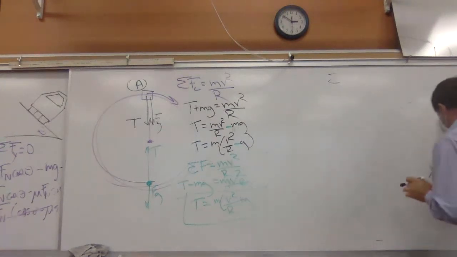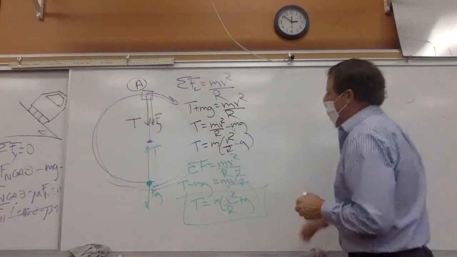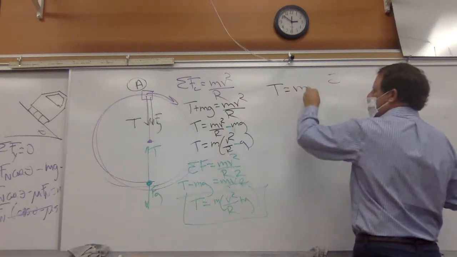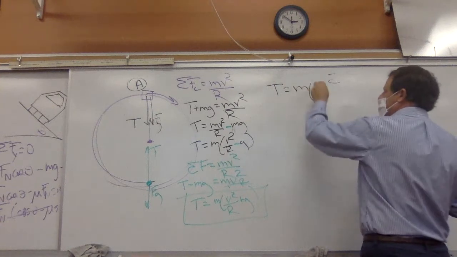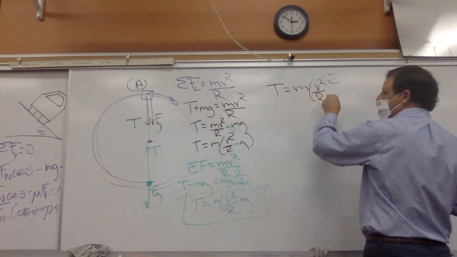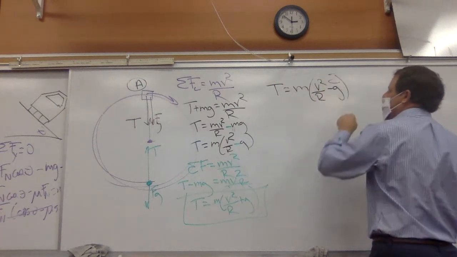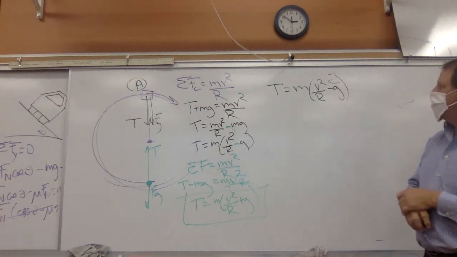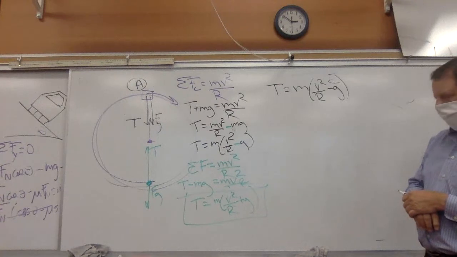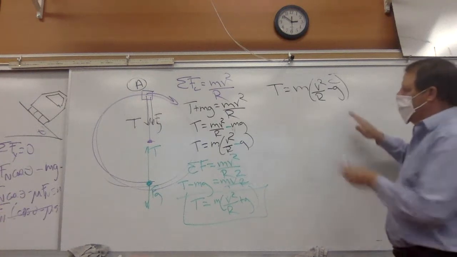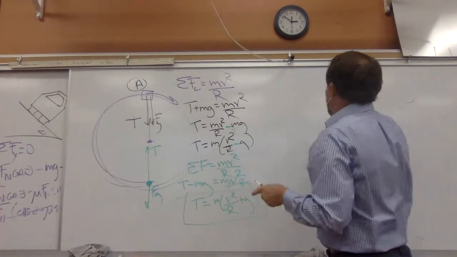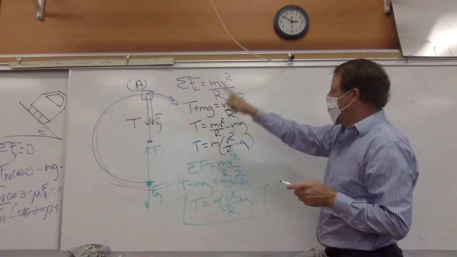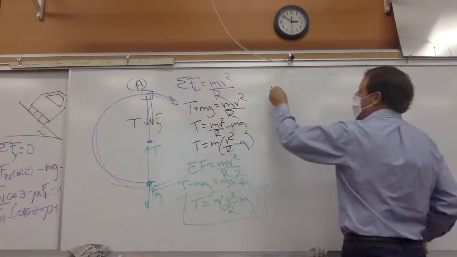So we're going to say tension is equal to the mass times v squared over r minus g. Actually, we're going to do the same thing, except we're going to start up here.